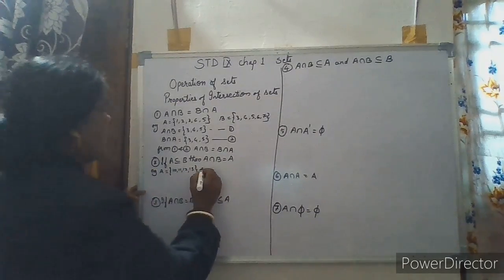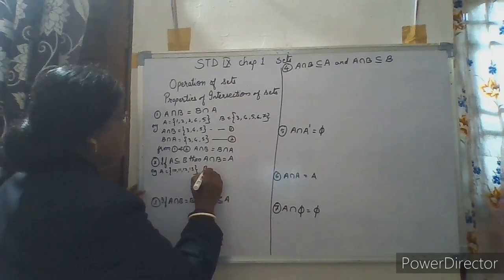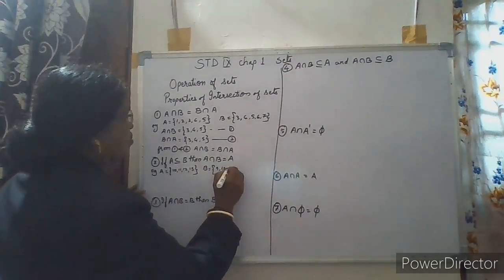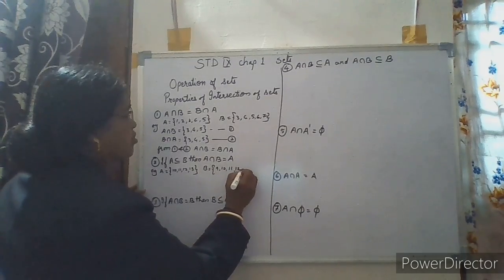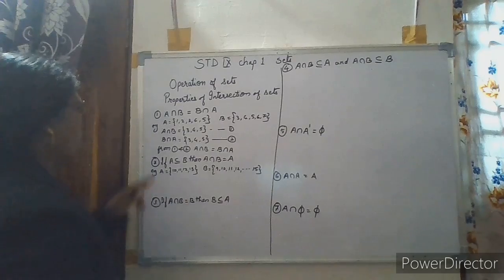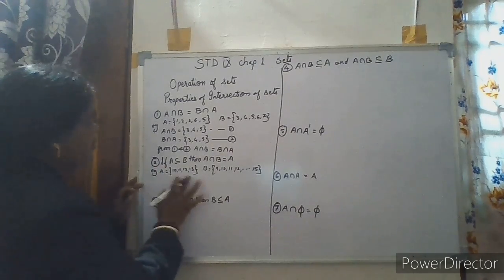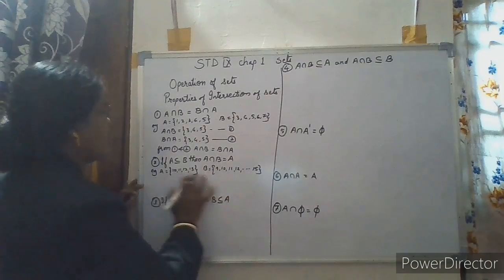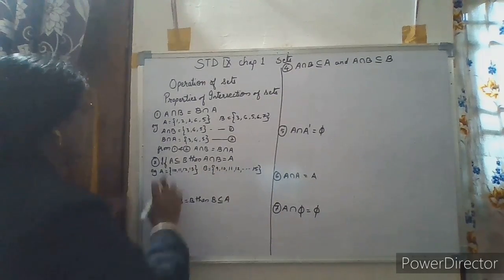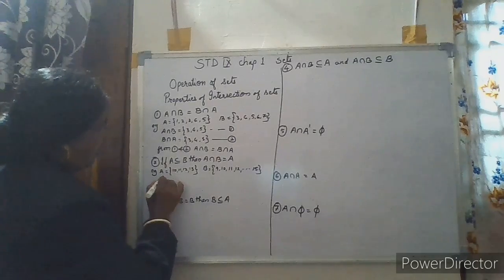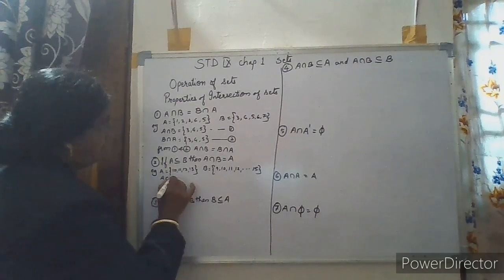This is set A. Then set B is equal to, up to 15 suppose. Now, all the elements of set A, 10, 11, 12, 13, are present in set B. So, A is a subset of B.